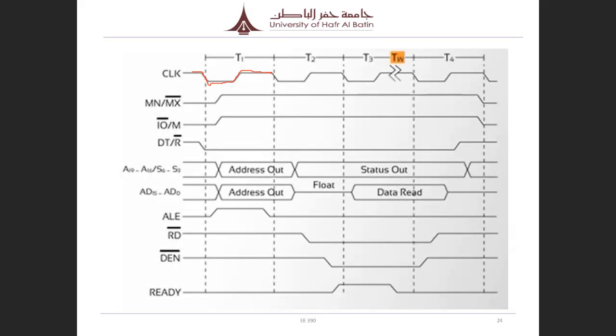In between there is something called TW, the wait state, which I will explain later. This is about the read operation, maybe a memory read operation. What is the timing diagram of the control signals for a read operation?